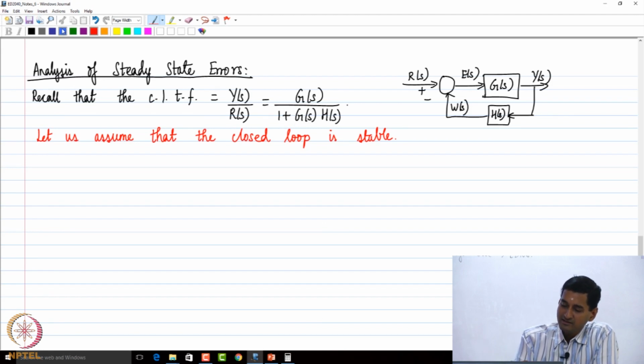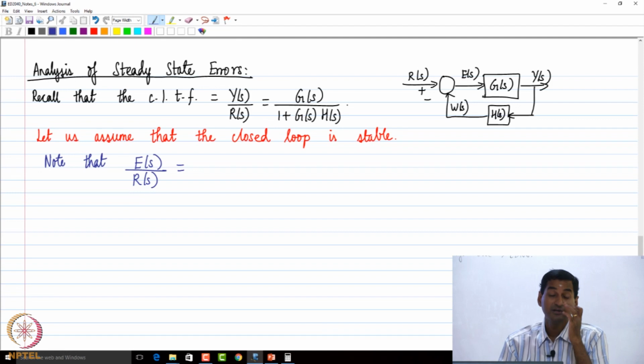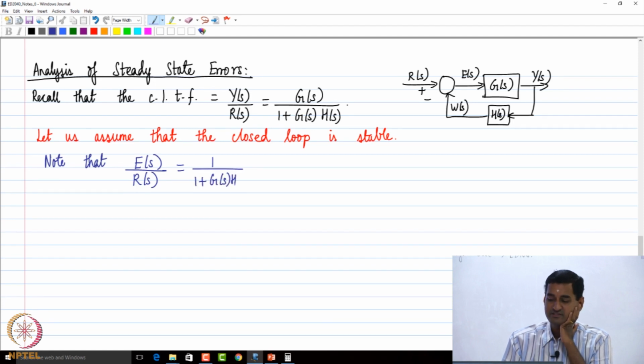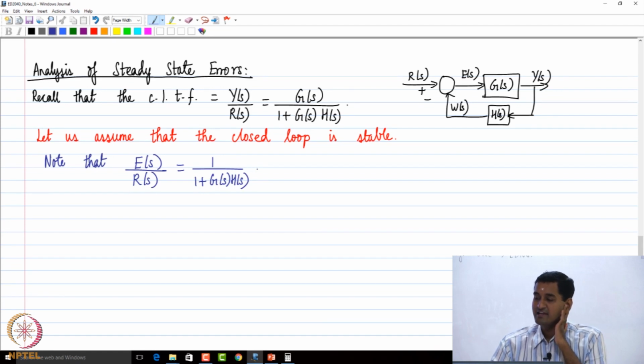So, immediately we note that E of S divided by R of S is going to be equal to what? What is E of S by R of S? 1 divided by 1 plus G of S H of S. That is pretty obvious, because of course, you can say Y of S is G of S E of S. So, E of S is 1 by G of S times Y of S. You could go the other way around also.